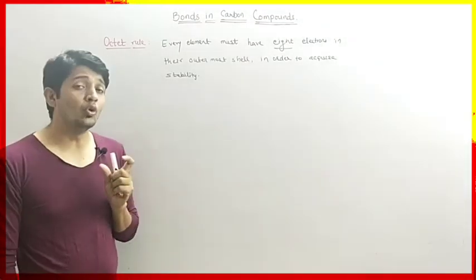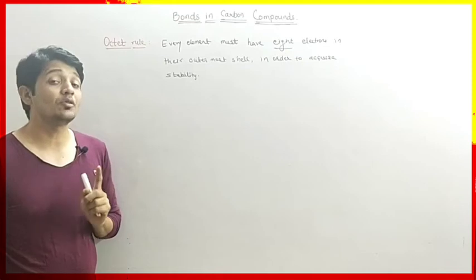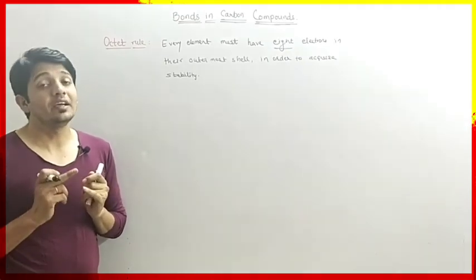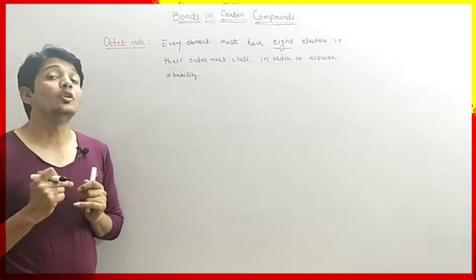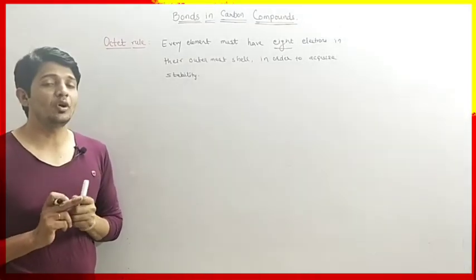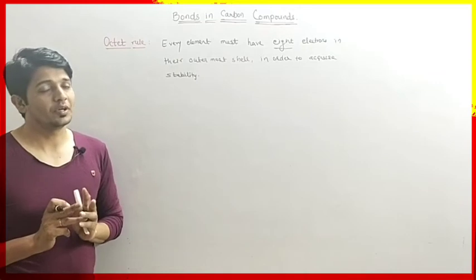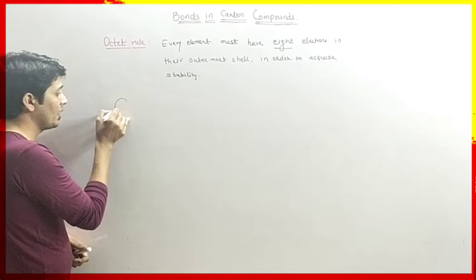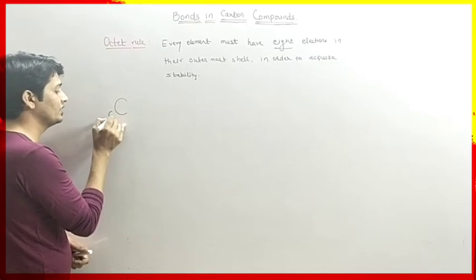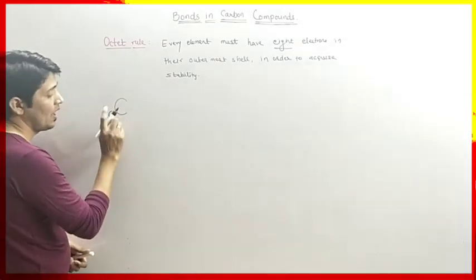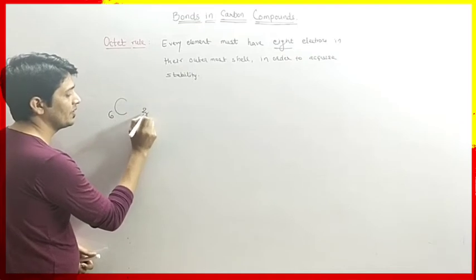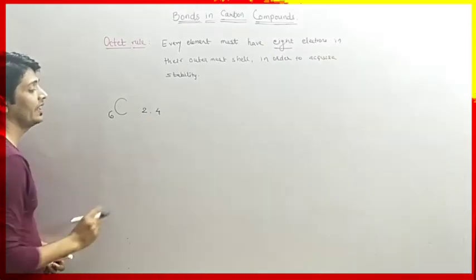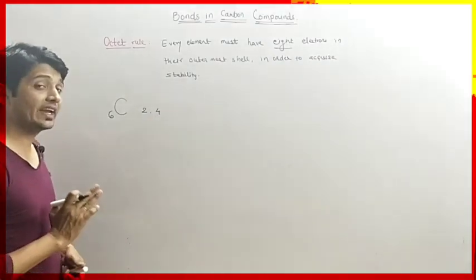If there are no 8 electrons present in their outermost shell, then the element or atom may gain electrons, may lose electrons, or may share electrons with other atoms. So let's see about the carbon atom. We know the carbon atom has a total of 6 electrons, out of which 2 electrons are present in the first shell and the remaining 4 electrons are present in the outermost shell, that is the second shell.